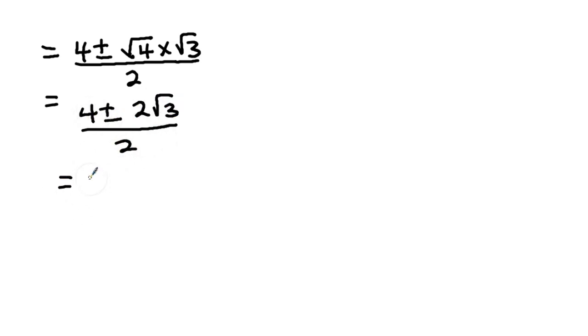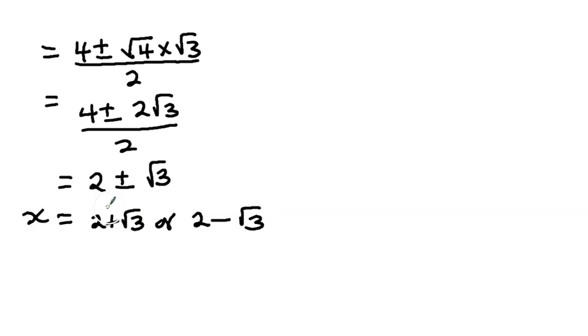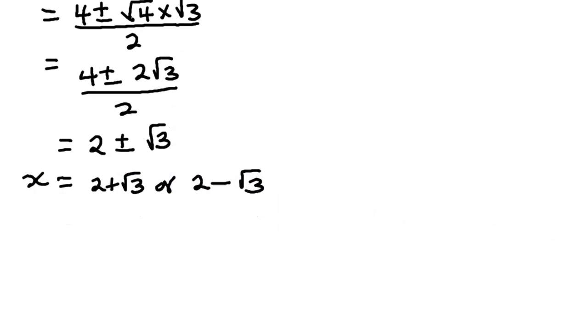So 4 divided by 2, we have 2 plus or minus, this to be left with root 3, which is 2 plus root 3 or 2 minus root 3. We have two values of x.